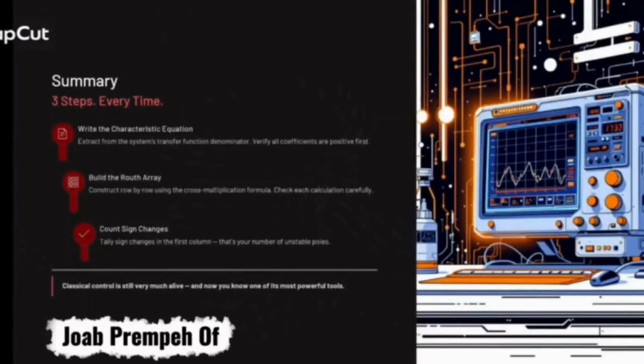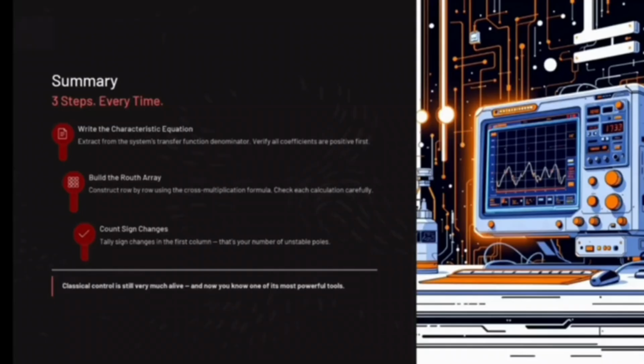Alright, so I'm Joao Prempeh and I'll be leading you through as we summarize the complete Routh-Hurwitz criterion in 3 steps. From all the analysis and with the transfer function given, we've been able to know that there are 3 basic steps to explain and demonstrate this Routh-Hurwitz criterion.